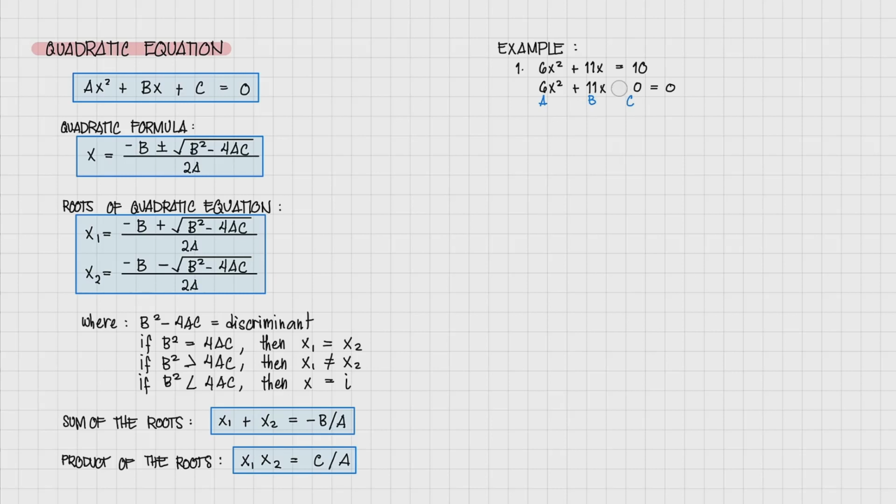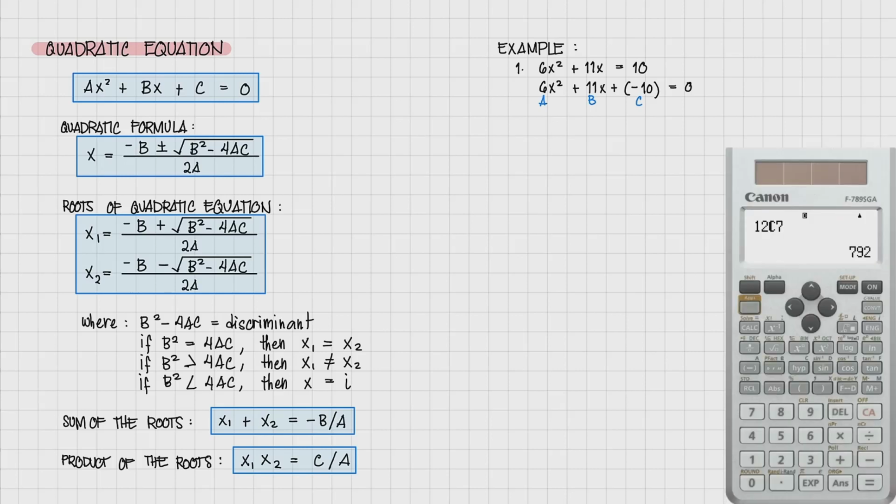So para hindi to negative, ang gagawin natin, so plus negative 10 equals to 0. So this will now become our C. Diba?